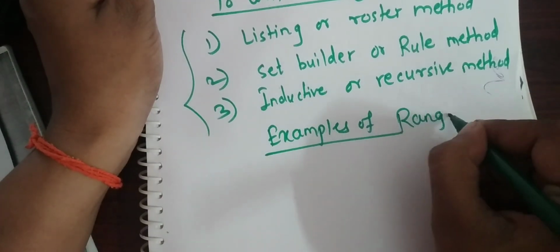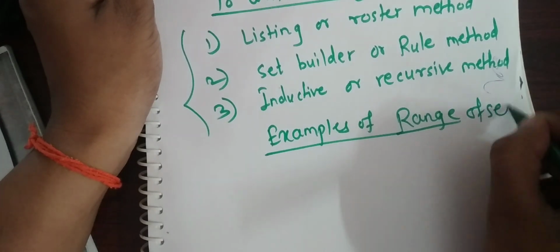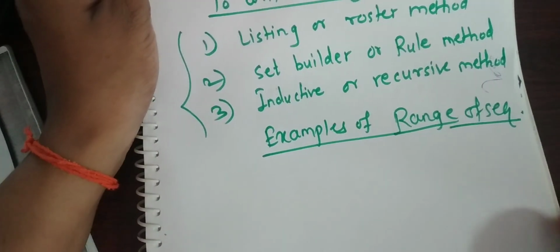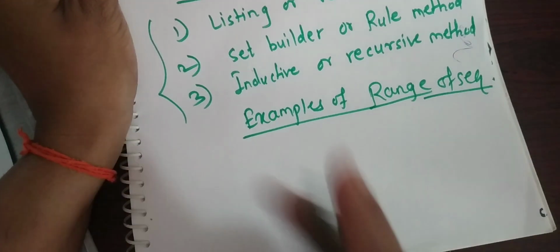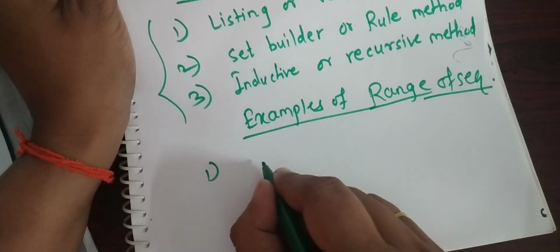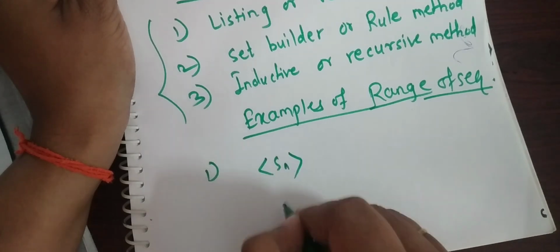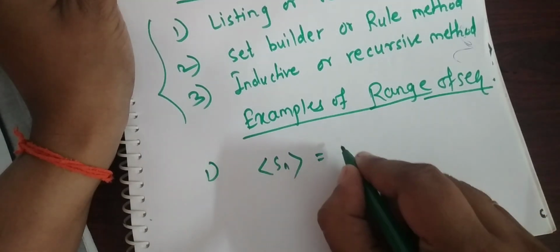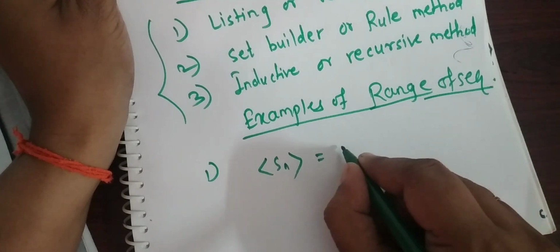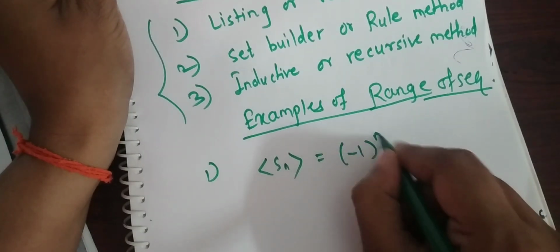Find the range of a sequence. Take the first example. Suppose this is a sequence Sn, where Sn is equal to (-1) to the power n.